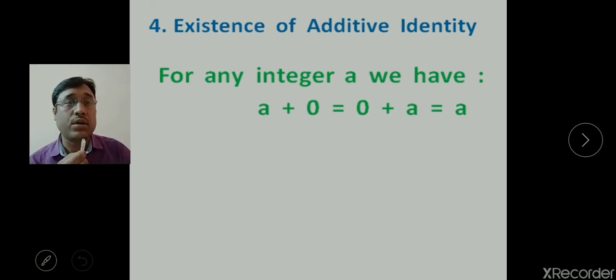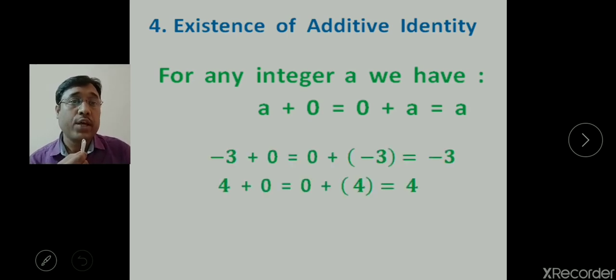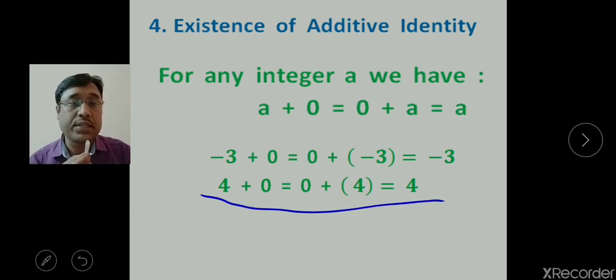That's why it is called the existence of additive identity. Minus 3 plus 0 equals 0 plus minus 3. Similarly, in the second example, 4 plus 0 equals 0 plus 4, meaning both sides are equal to 4. By adding 0, the number is not changing; the sum is the number itself.